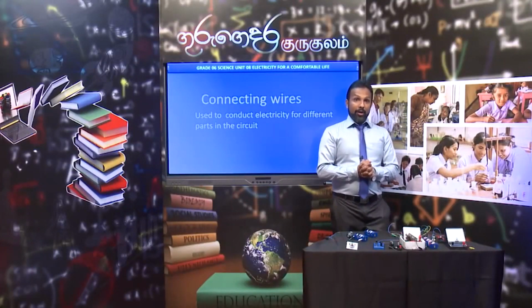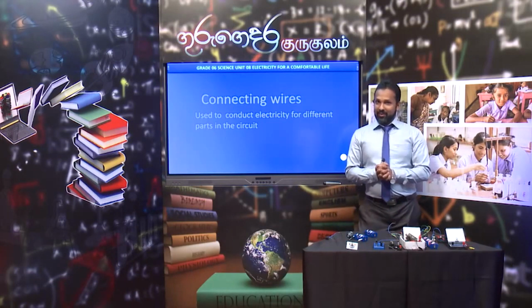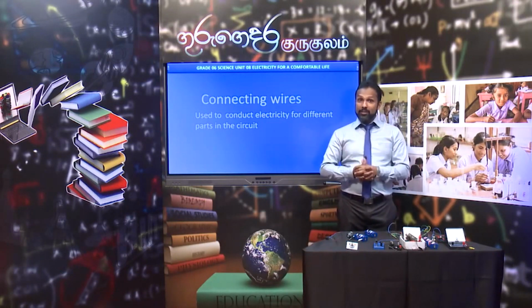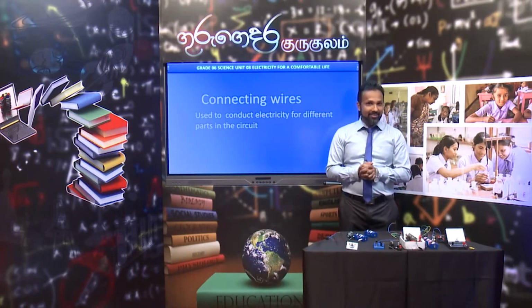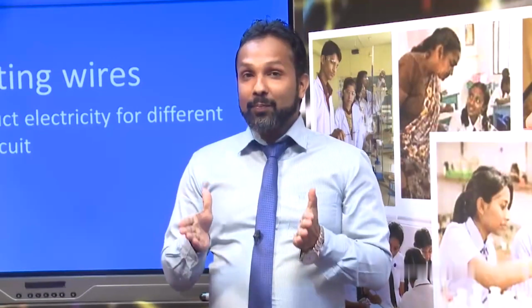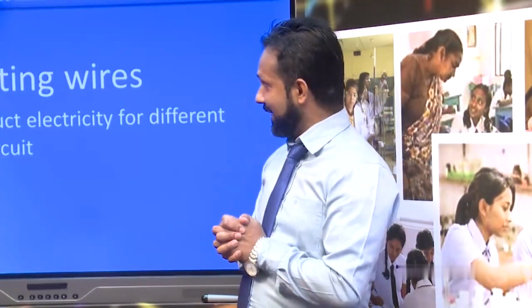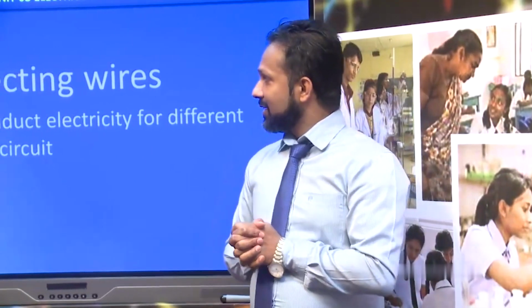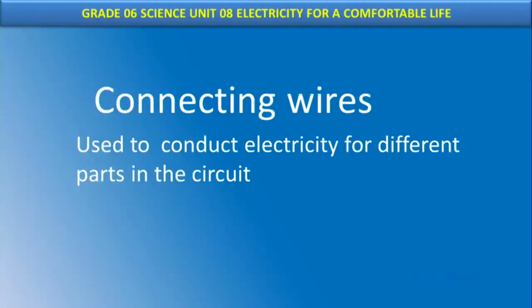Then I am going to ask you a question again. What's the purpose of using these connecting wires? The main purpose of connecting wires is to connect the appliances that we use in the circuit.